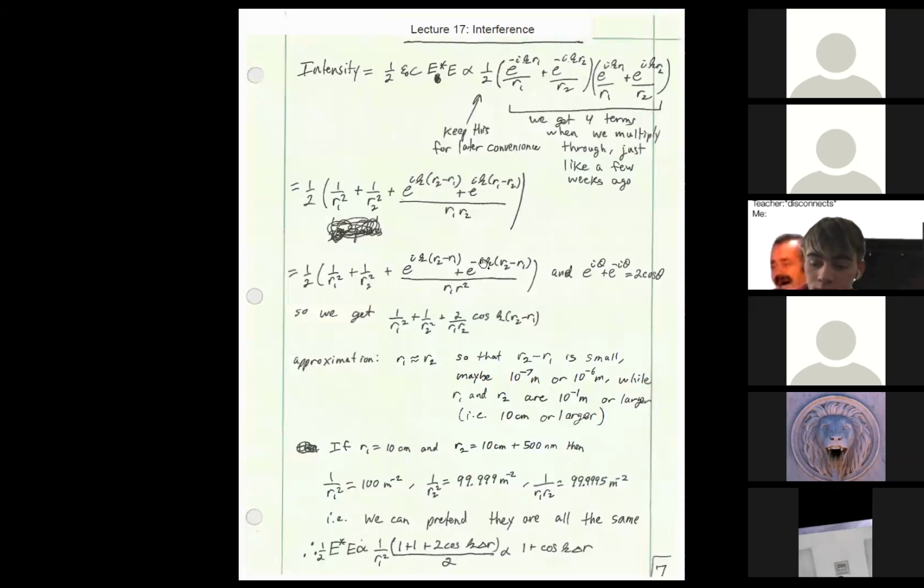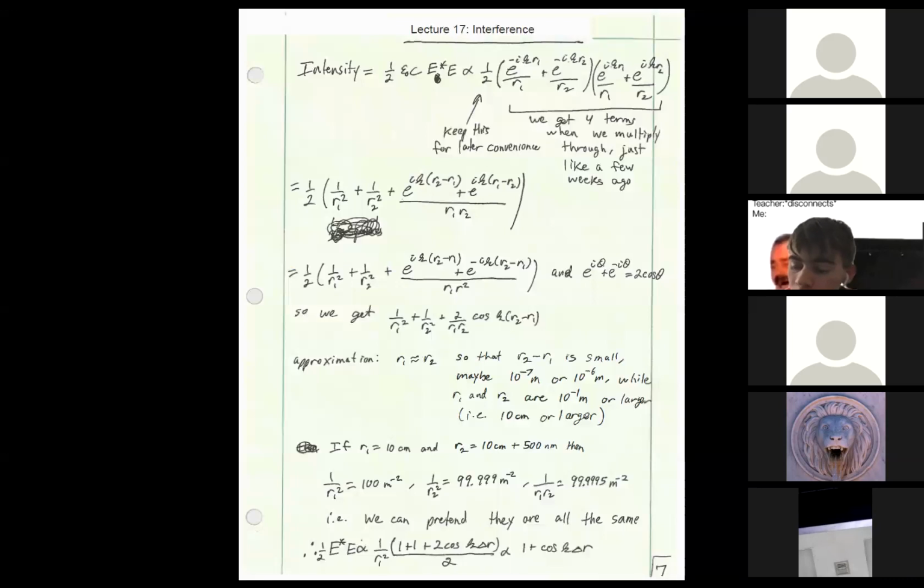And if we add these two things in the numerator, then what we've got is 2 times the cosine of all of this because of this trig identity, or this complex exponential identity. And so we're going to get just 1 over r1 squared plus 1 over r2 squared plus 2 times the cosine over r1 r2.